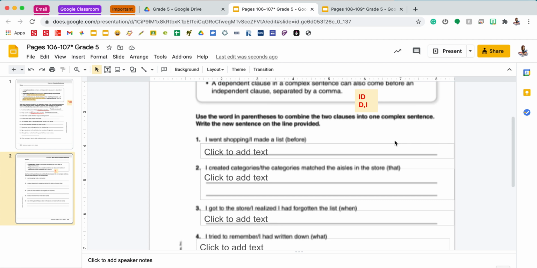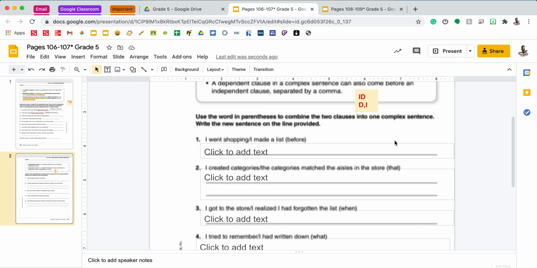So we're going to write the word in parentheses to combine the two clauses into one complex sentence, and then write the new sentence on the line provided. So I need to decide if I want to put before at the beginning of my sentence or in the middle. So should I put before I went shopping, I made a list, or I went shopping before I made a list?